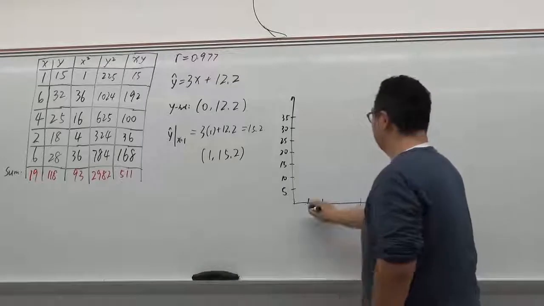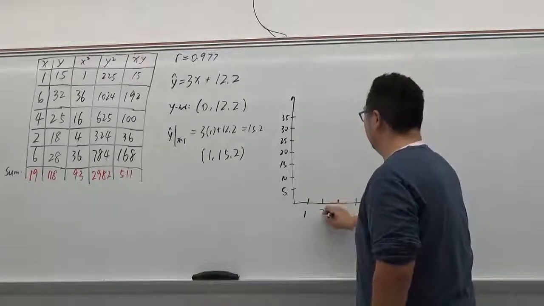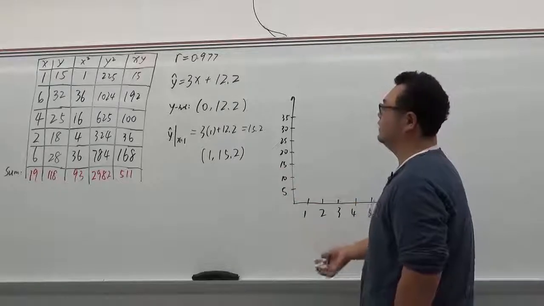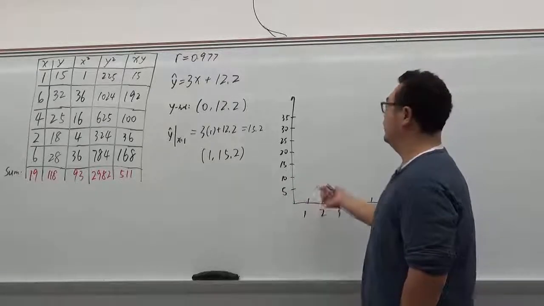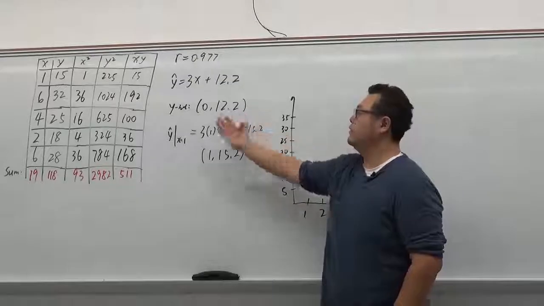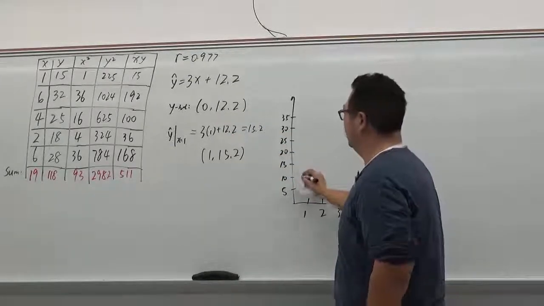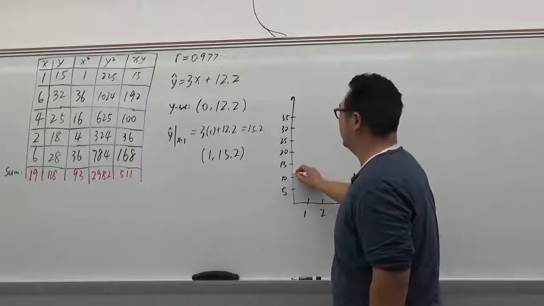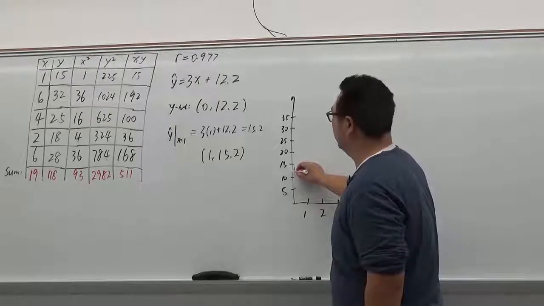For the scale, just make sure that we cover everything: 1, 2, 3, 4, 5 up to 6 for x and up to 32 for y. Then for the y-intercept, we have 12.2, between 10 and 15, a little bit down. That's 12.2 here.